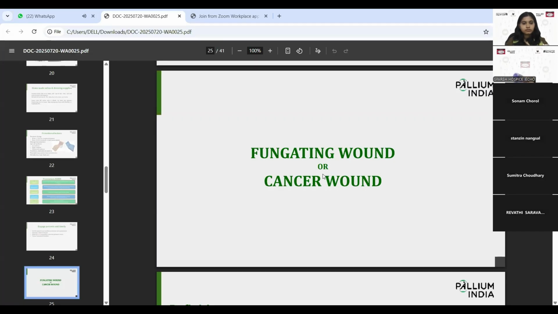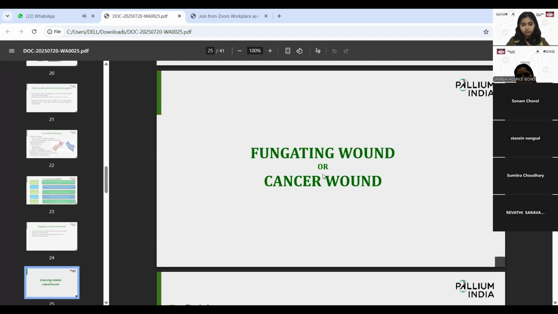Okay. I'll give the explanation. A fungating wound is a skin ulceration. It is caused by an underlying cancerous tumor that has broken through the skin surface, the skin tissue surface, the skin cell surface.